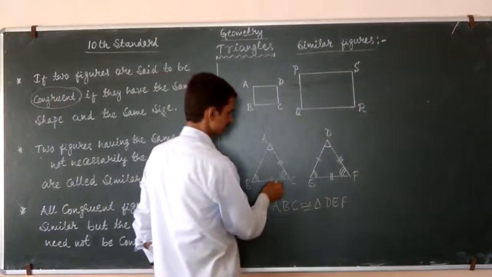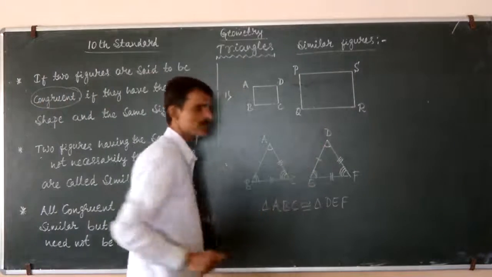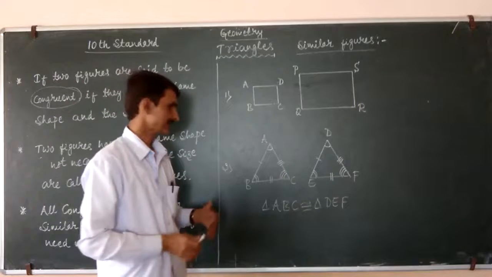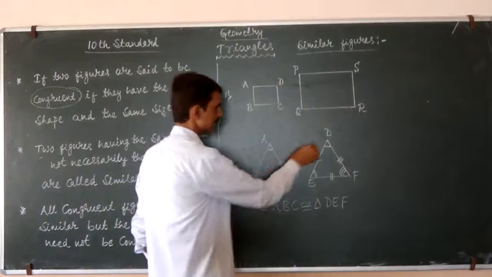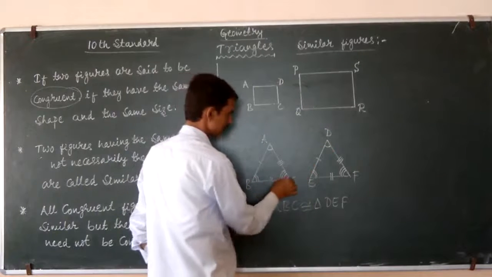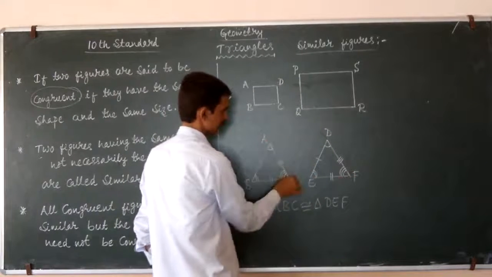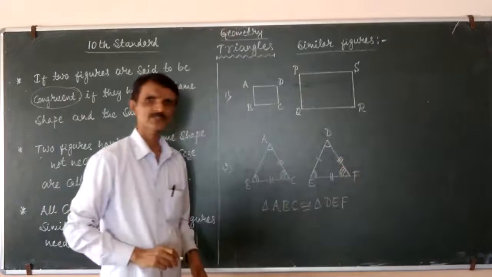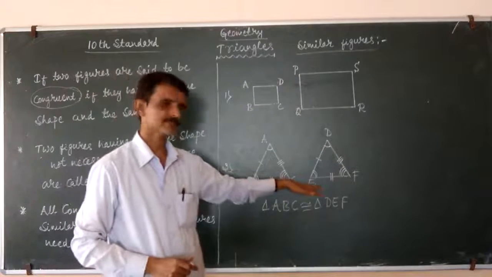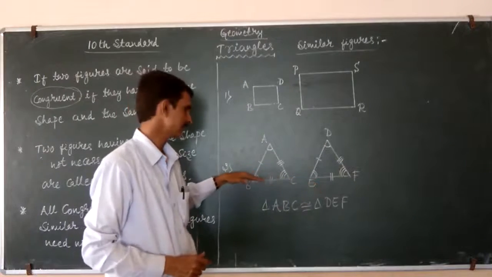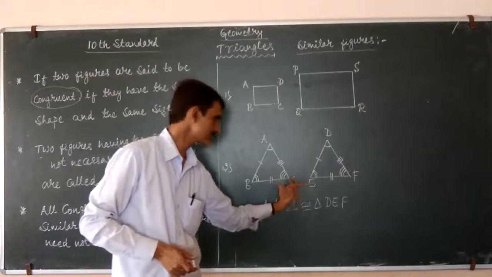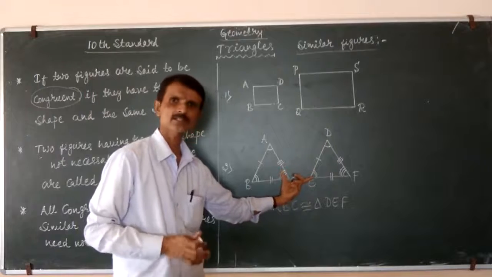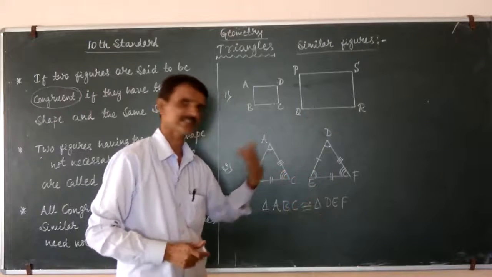The shape is a triangle here, and it is also a triangle there. The side AB is equal to DE, side BC is equal to EF, and side AC equals DF. Therefore, shapes are the same and the sizes are also the same. Therefore, these two triangles are congruent.